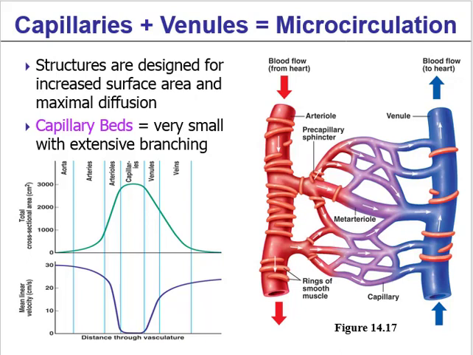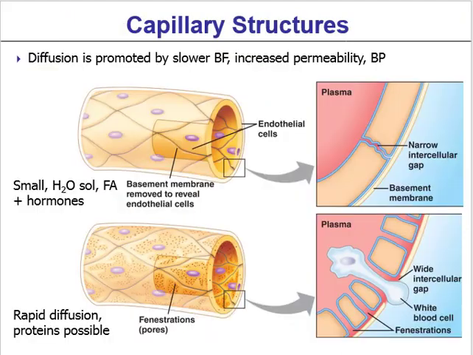So the time that we need for diffusion to occur at the tissues is also promoted. We want to have time to exchange with the tissues in this purple region, which is the responsibility of the capillary bed. So structurally, they're very, very small, thin-walled, and they have extensive branching, which helps them be very, very efficient with exchange with the tissues.